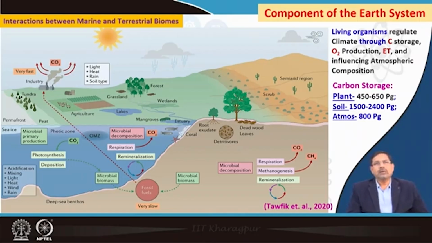And now let us look at this depiction, which talks about various interactions between and among the marine and terrestrial biomes. The various arrows, structural components and linkages are defining the various interactions between the ocean and the terrestrial biomes.